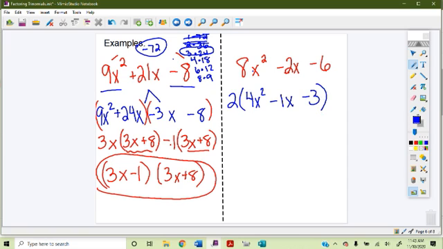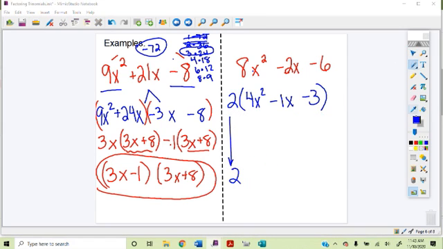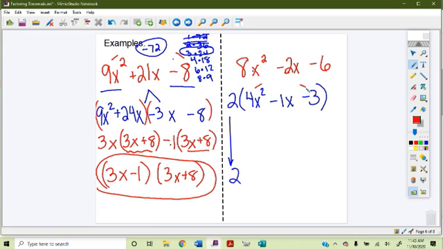All right, now I'm going to bring this down and ignore it. And I'm going to factor what's left in my parentheses. So in these parentheses, I'm going to make a magic number. 4 times negative 3 is negative 12. So I need two numbers that I can multiply to get negative 12 and add to get negative 1.